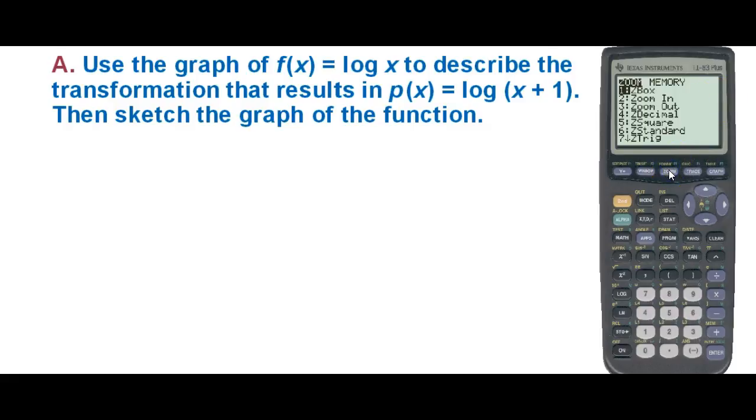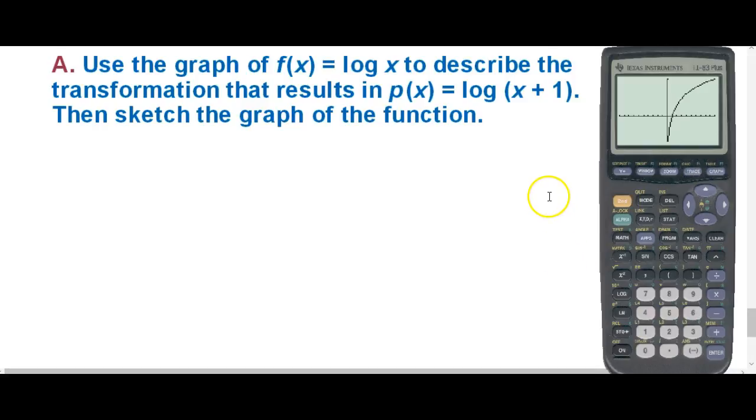Let's zoom in. Let's actually try zoom fit so you can get a better look at it. And just like our functions before, we have to kind of consider what the inside of the function and what the outside of the function is.